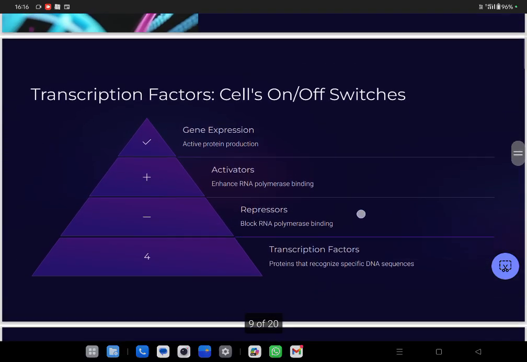So transcription factors, like I told you, are the cells' on-off switches. Gene expression takes place when transcription factors bind to promoters of genes, messenger RNA is made, and active protein production takes place.